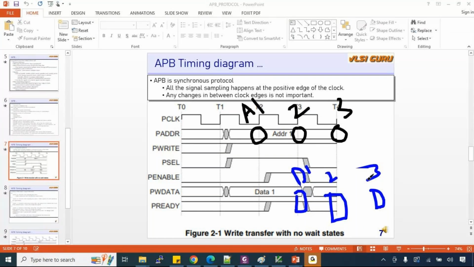What AXI does, to reduce the power consumption, is remove them altogether. It only gives the first address. That's it, and asks the slave to do its calculations. Why is it so?